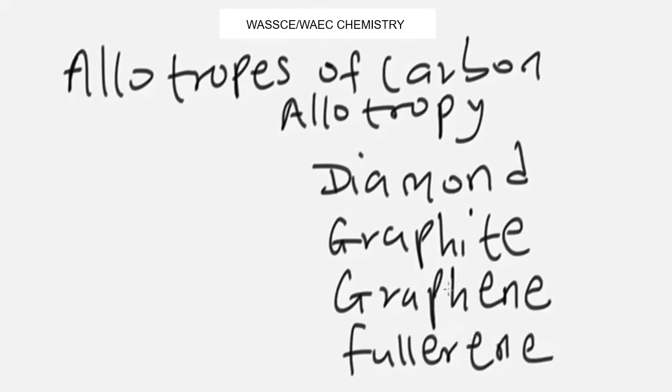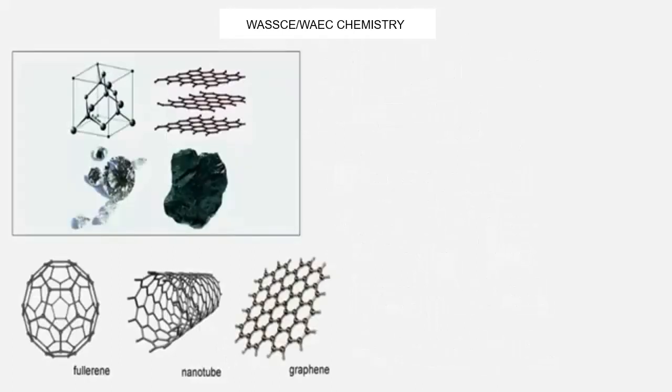Now, let me show you the diagrams I use to explain their properties and some of their basic uses in real life applications. So let me get the diagrams of diamond, graphite, graphene, and fullerene to illustrate the point very well.